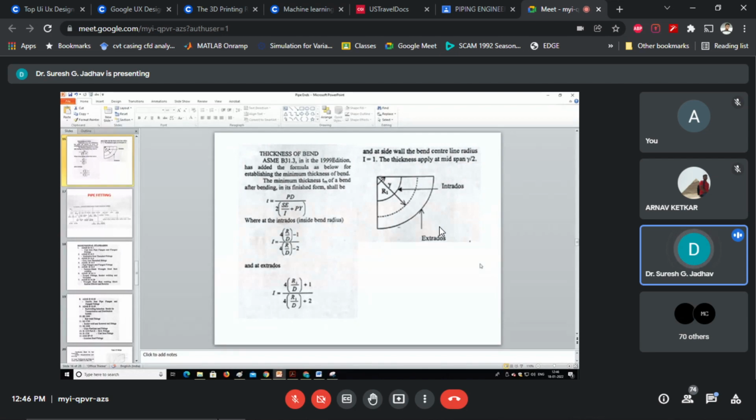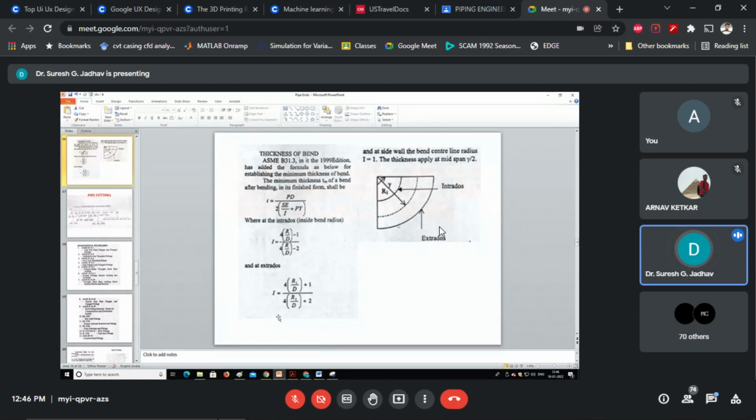And R1 means the outside bend radius. There are two types of radius of bends, one inside, another outside. See here, from this direction, if we extend this arrow to here, we get the extrados, and the other is internal, the intrados.